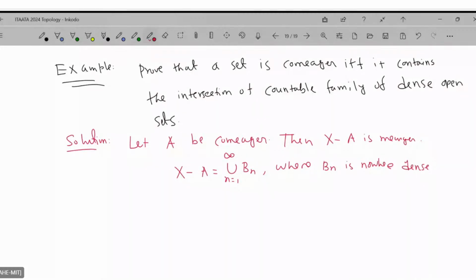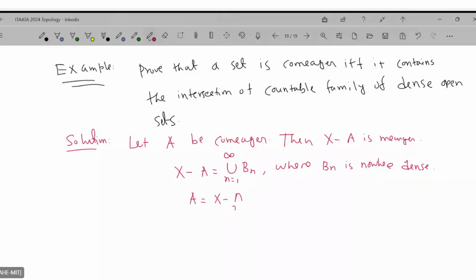So that means this will be inside the intersection of this. In other words, A is equal to X minus the union. Yes, that's what I'm saying. So that means A is X minus the union of the Bn.